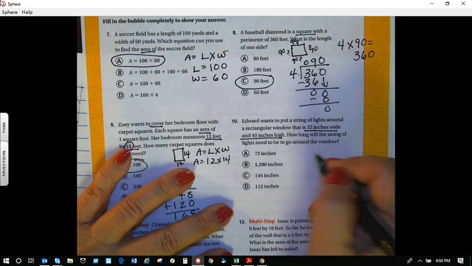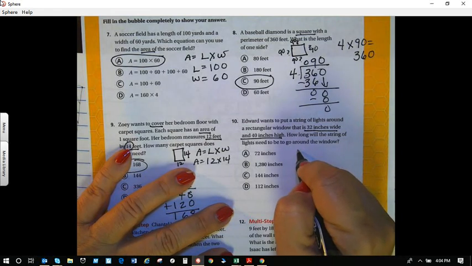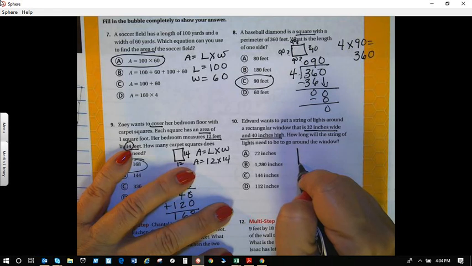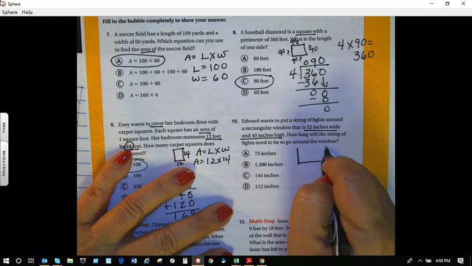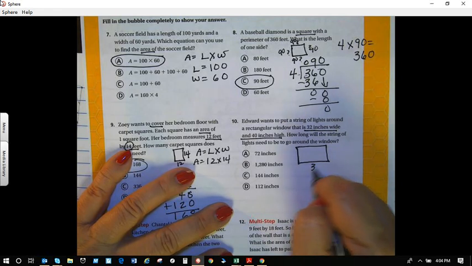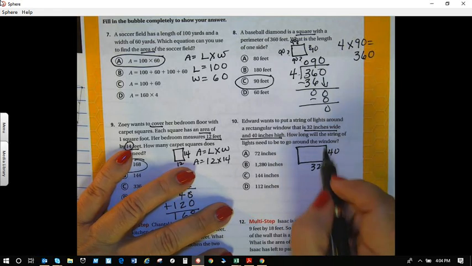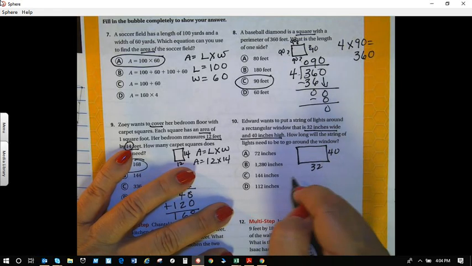Well, let's look at this window. It is wide and high, so we have 32. It should be a little bit higher, but I'm looking for space. So we're looking at the perimeter.